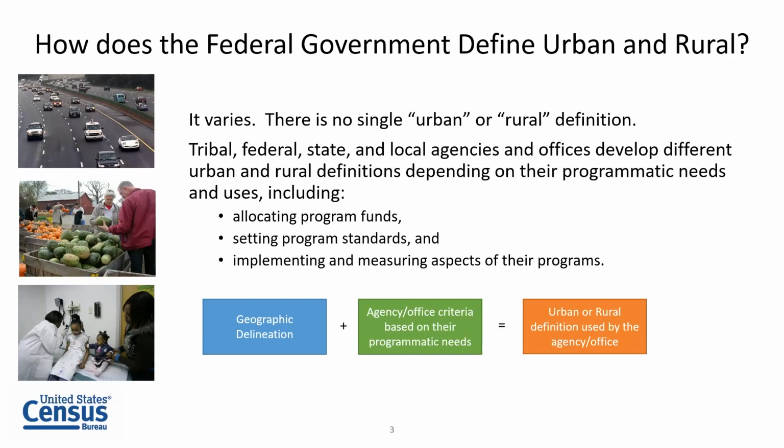And while not all the definitions are the same, they generally follow this flow where most definitions will begin with a geographic delineation, such as the Census Bureau's urban and rural definitions. Then the specific agency or office will apply criteria based on their program. And that results in the urban area definition that's used by that agency or office. So, for instance, the Farm Bill has over 50 definitions of urban and rural, depending on the purpose.